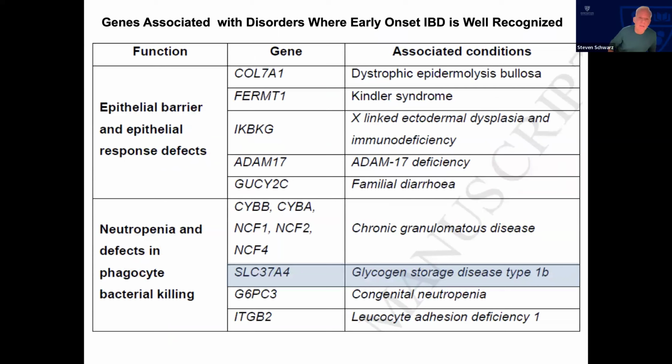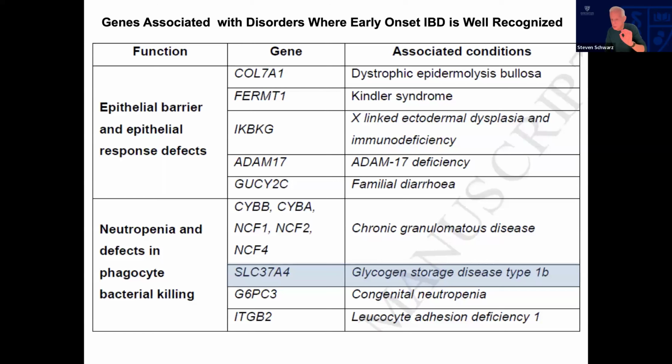So if we look at genes and inflammatory bowel disease, we talked about IL-10 and IL-10R and very early onset IBD, but there are a whole host of disorders where early onset IBD has been recognized. The most important for you to know about, of course, is glycogen storage disease type 1b and its expression.